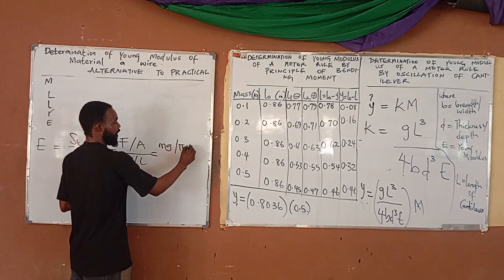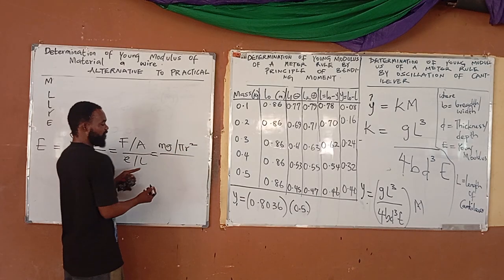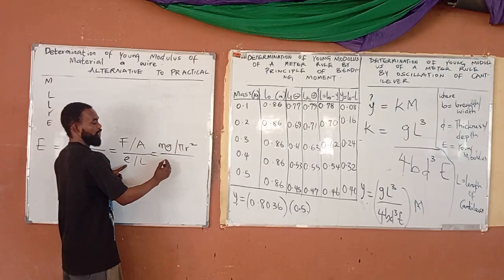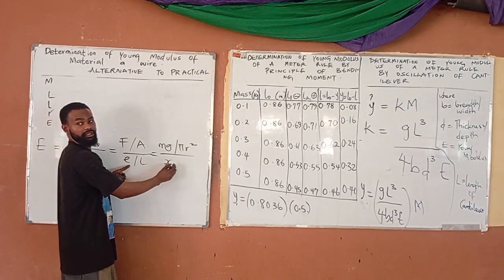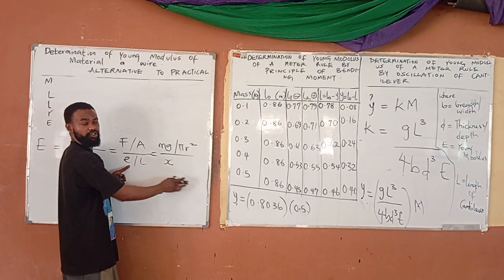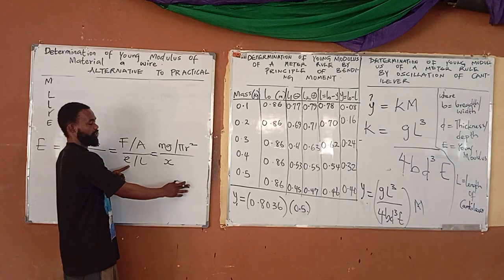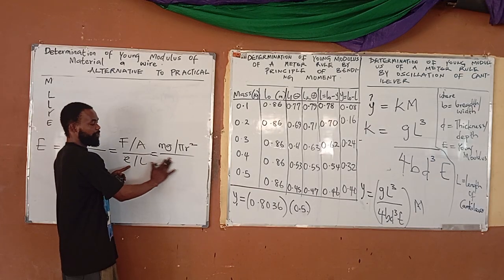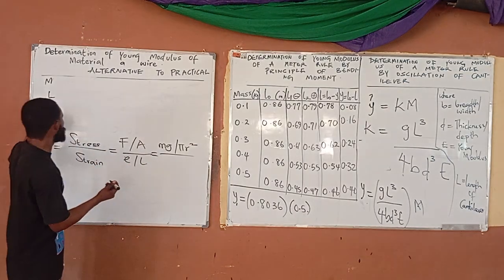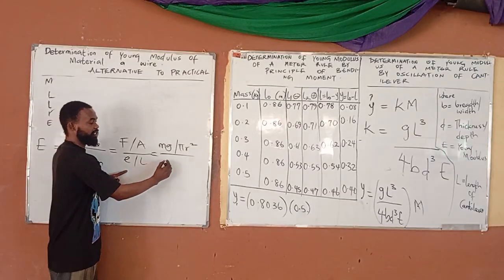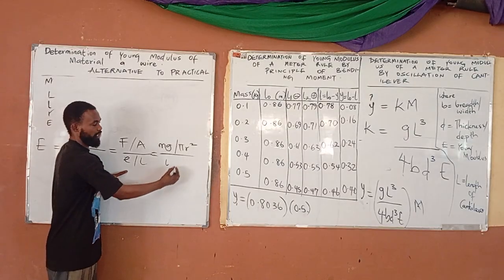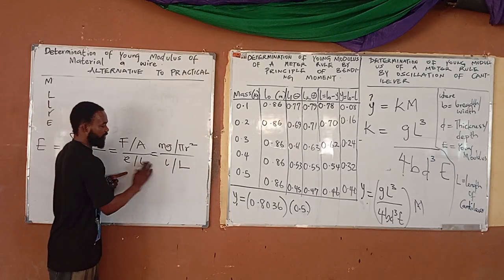Then all over, this is the extension, let me represent it with x, from here to here, displacing it. Since they gave me small letter l here, let me represent the extension with small letter l, and the original length with capital letter L.